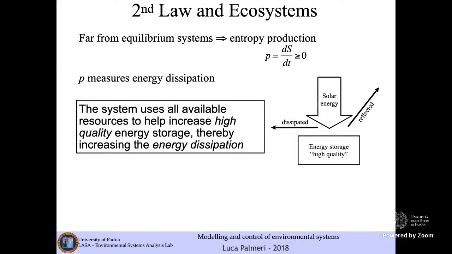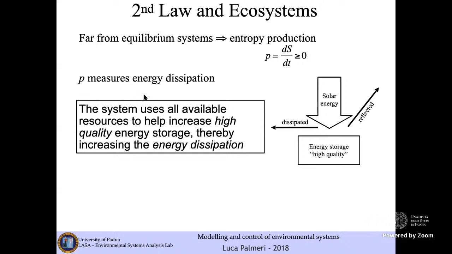So P, the entropy production, is the derivative of entropy in time, and is a measure of energy dissipation. So we have a first indicator that allows us to evaluate how much of the energy employed during the transformation of different qualities of energy is lost due to energy dissipation.